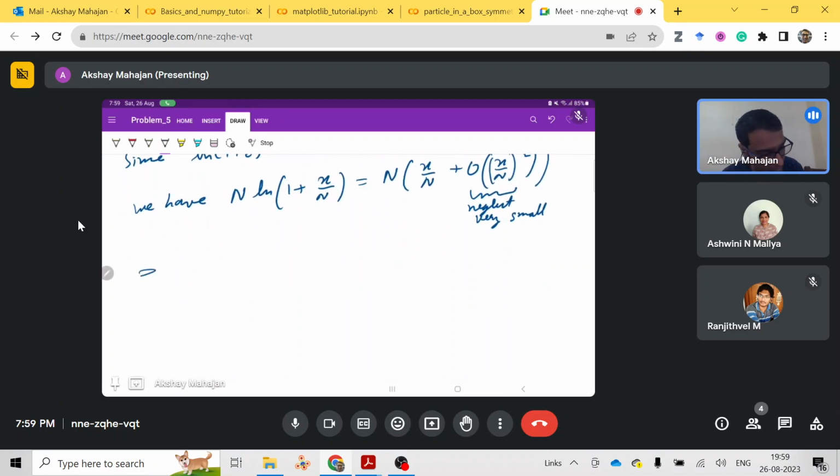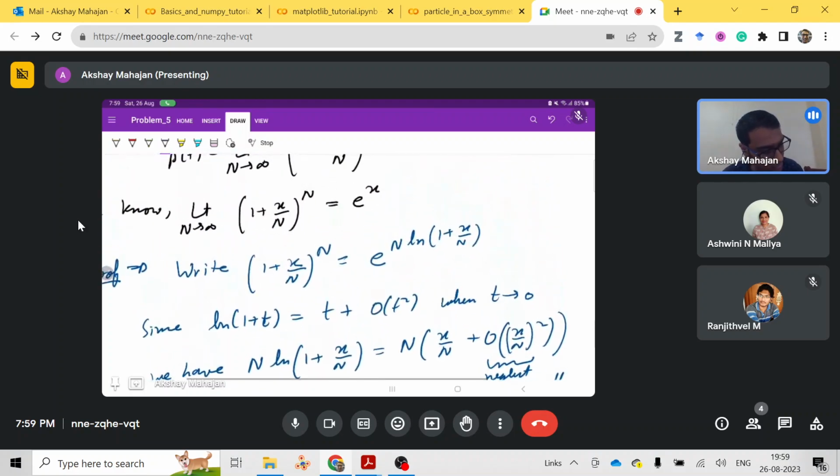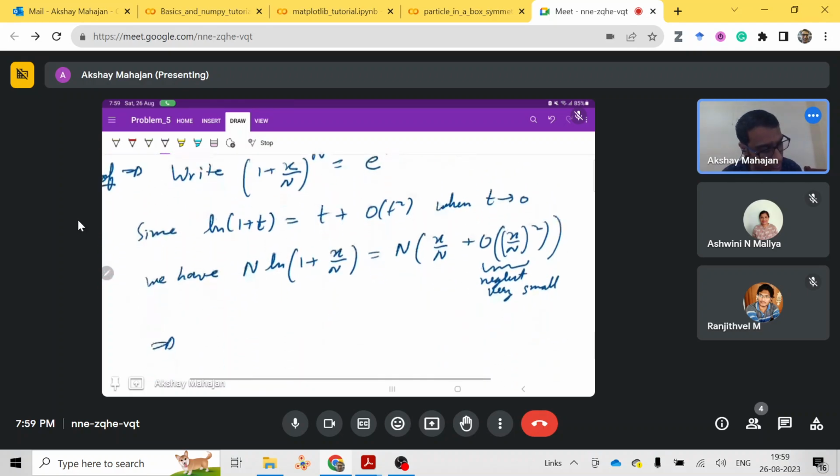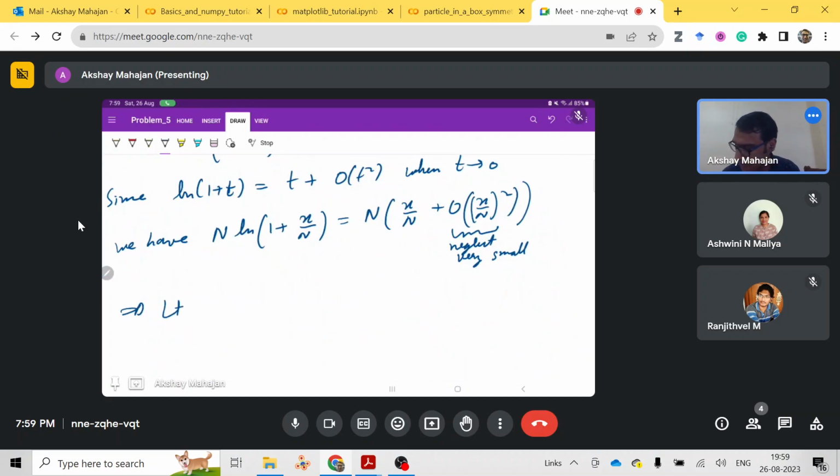So now from here, we have to find the limit of (1 plus x by n) whole to the power n.